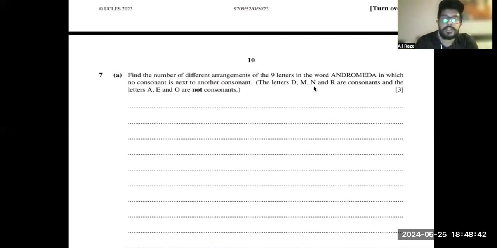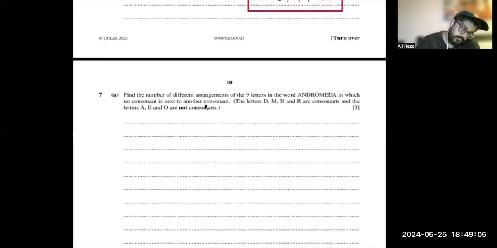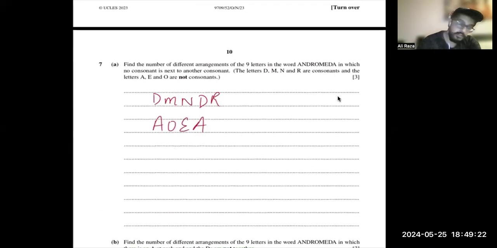Now in question number 7a, we need to find the number of arrangements for these 9 letters in which no consonant is next to each other. So we have D, M, N, D, R as the consonants. We have 5 consonants and 4 vowels.